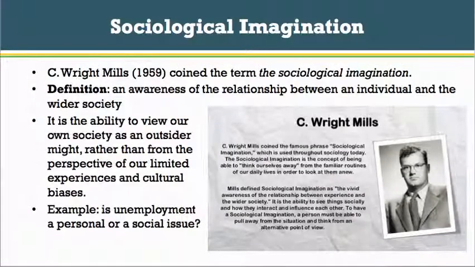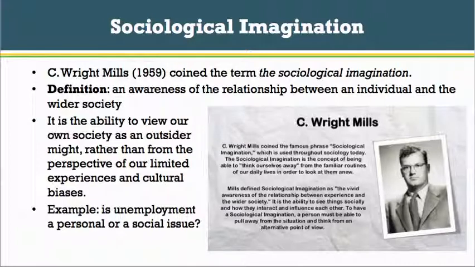So one of the first concepts I want to cover is sociological imagination. And this concept was thought of by C. Wright Mills. And in 1959, he coins the term sociological imagination.